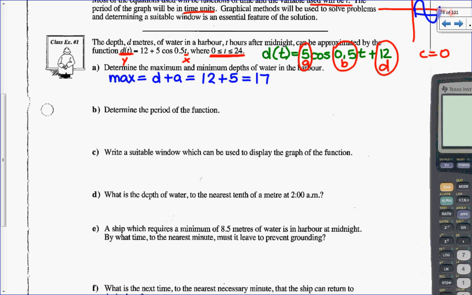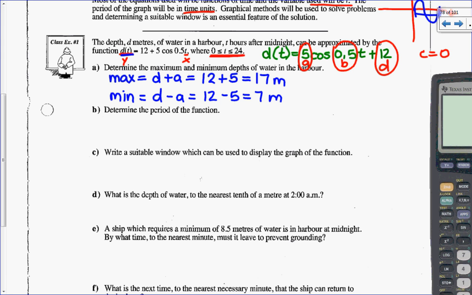And if this is our maximum point, this is on our y-axis, and so this is depth in meters, right, that we're going to be graphing. Okay, minimum point is d minus a. So this is 12 minus 5, which is 7, and again in meters.